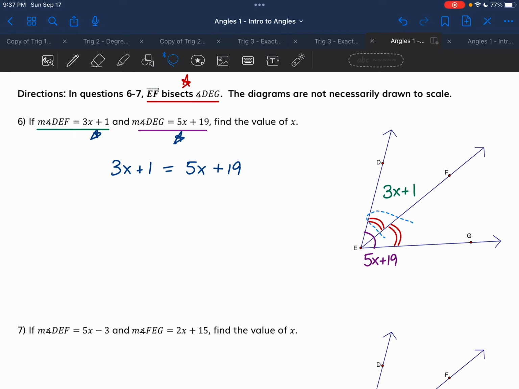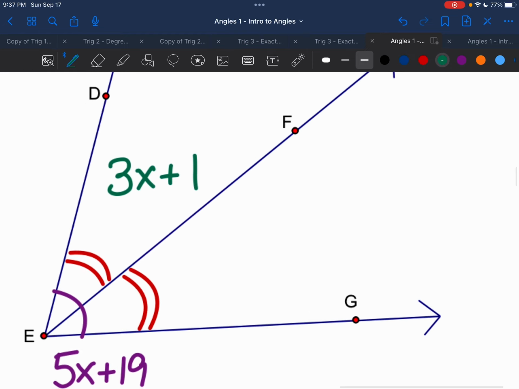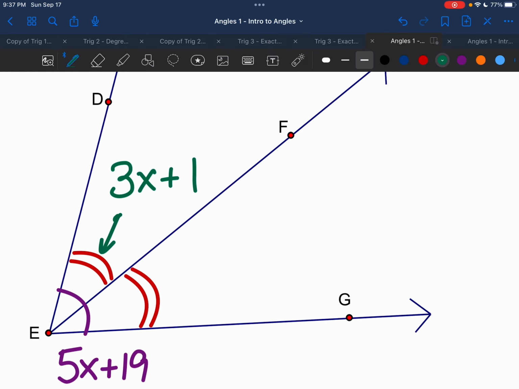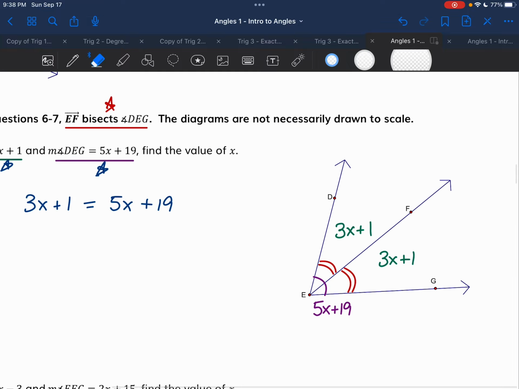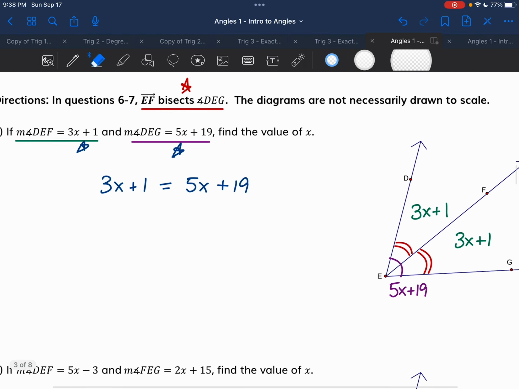The reason why we wrote these curves in here is to help you recognize, as soon as we got to this piece of information that said angle DEF was 3x plus 1, as soon as I see that this angle right here is 3x plus 1, congratulations, any angle that's marked the same way has to also have that same measure. If angle DEF is 3x plus 1, then angle FEG has to be as well, because that's what we were told by this whole bisect business.